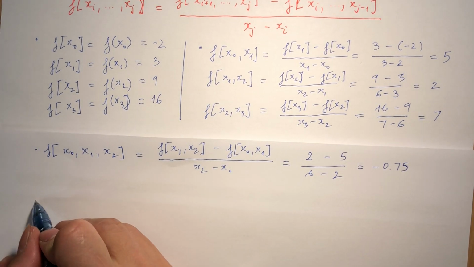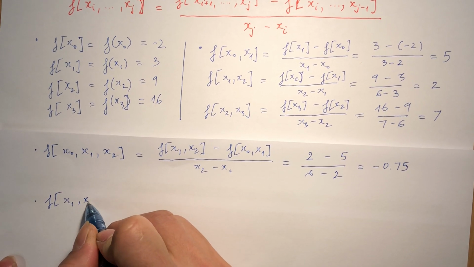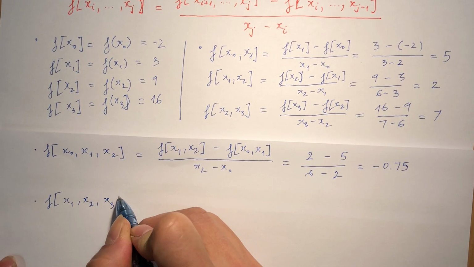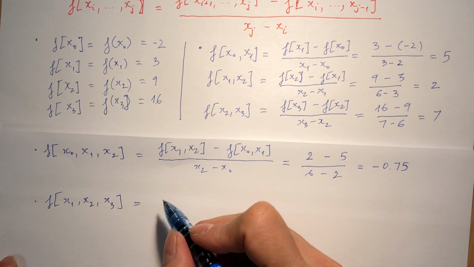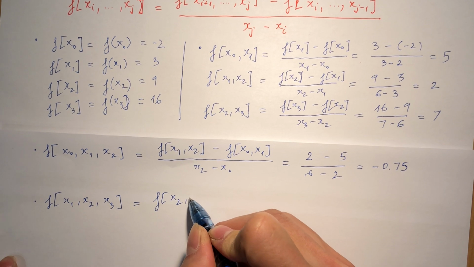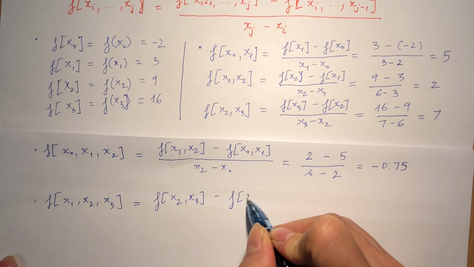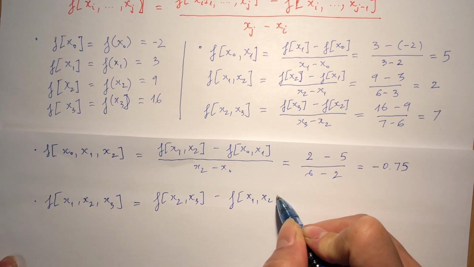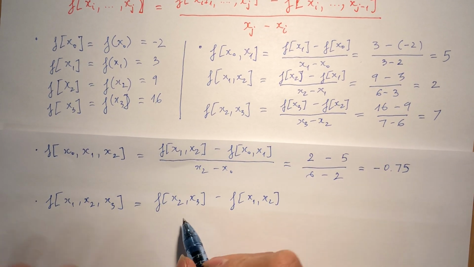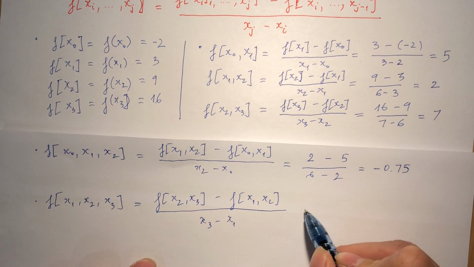Then f[x1, x2, x3] equals f[x2, x3] minus f[x1, x2], over x3 minus x1.